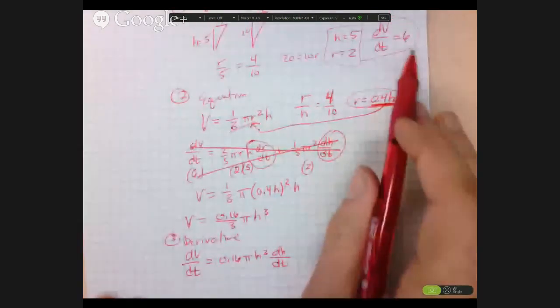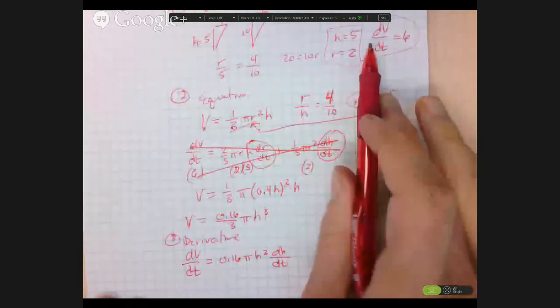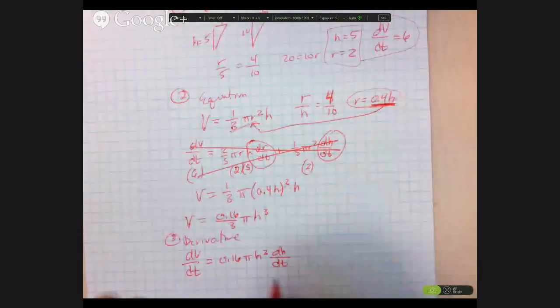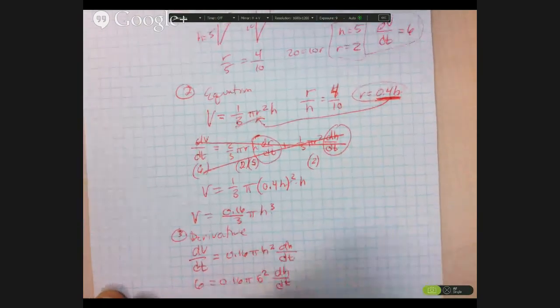So dV/dt is 6, h is 5, and then we can solve. And what do you get?